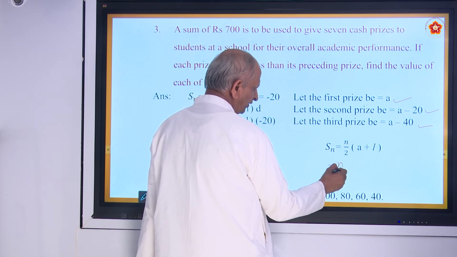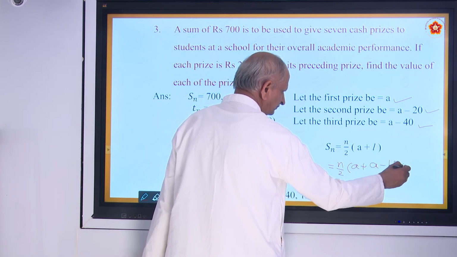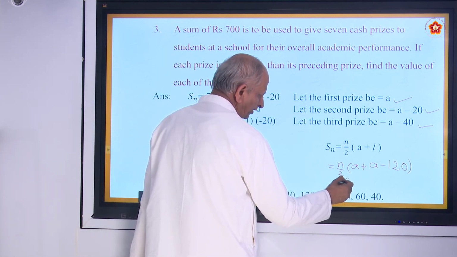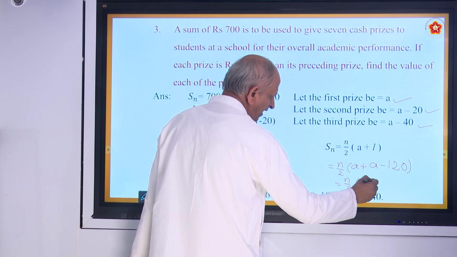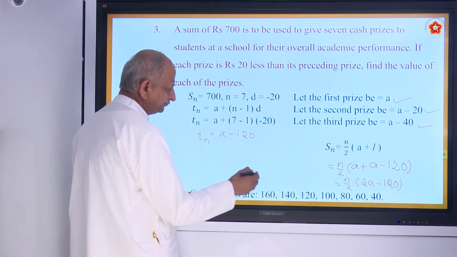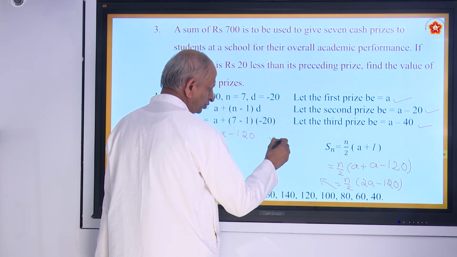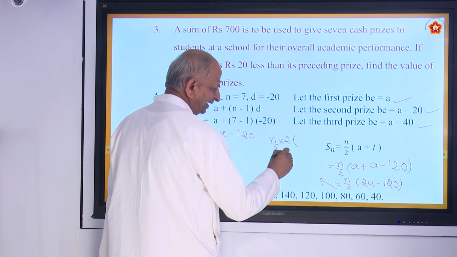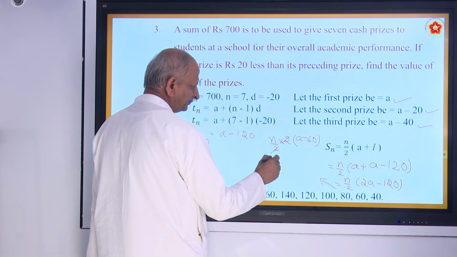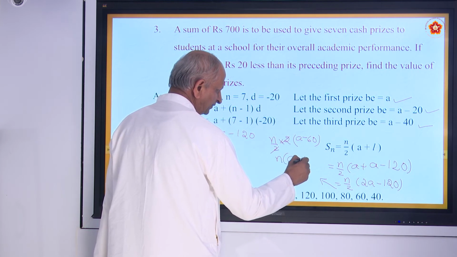So, n by 2 into A plus A minus 120, that is Tn, and that is equal to n by 2 into 2A minus 120. If we take the 2 outside, we get n by 2 into 2 within brackets, A minus 60. So, 2 cancels. So, n into A minus 60.